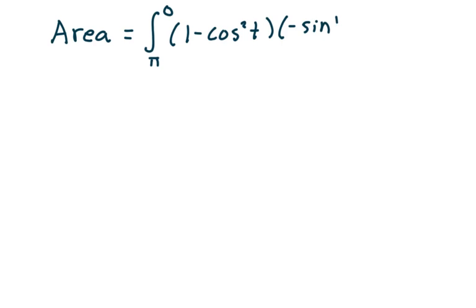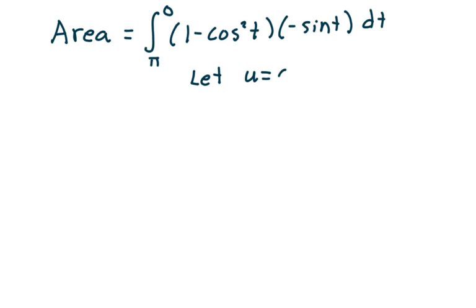So the area is the integral from pi to 0 of 1 minus cosine squared t times negative sine t dt. And this is a straight u substitution.